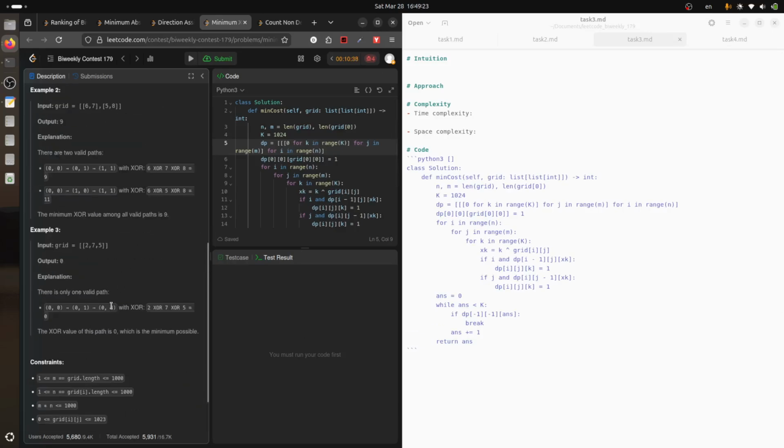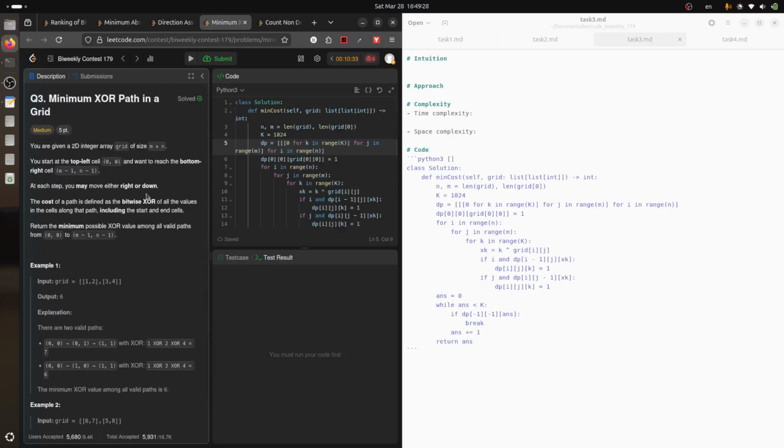So this screams a DP problem in which you calculate if it's possible to get to cell ij and the XOR of that path is k, right? So obviously in the first cell the only possible k is the value there, but for all the other ones, let's see, can we get to cell ij with XOR k of the path?